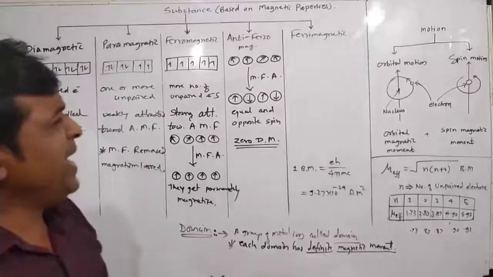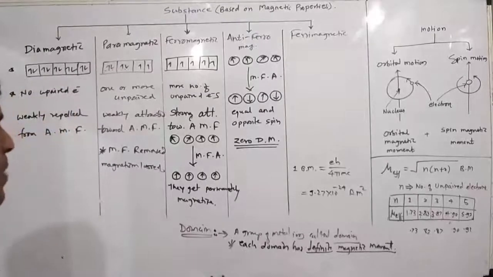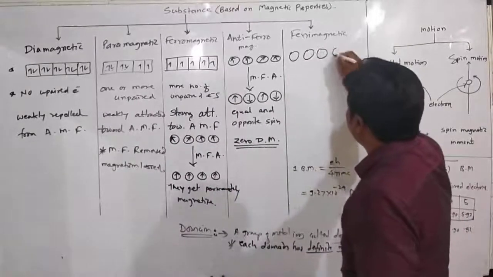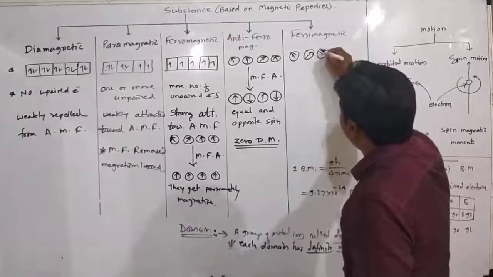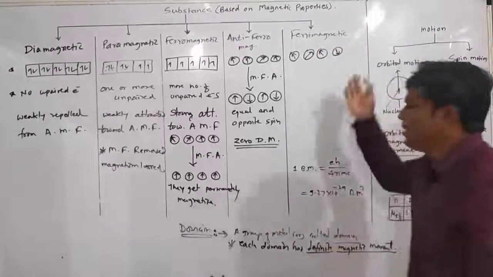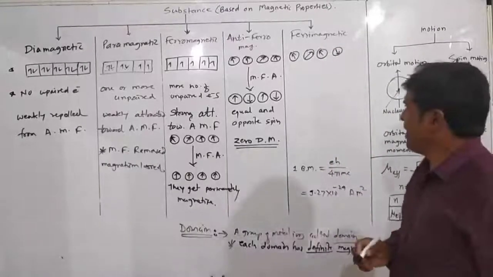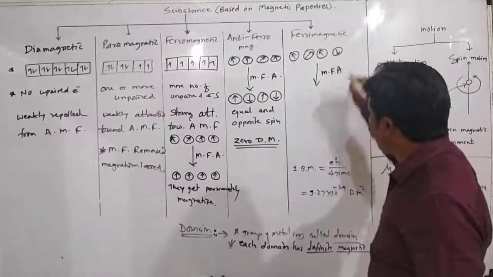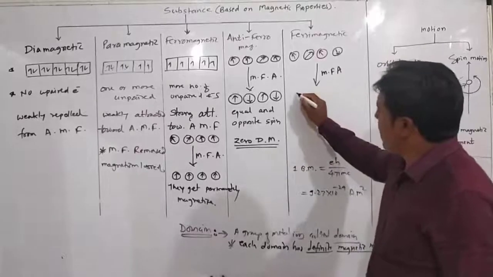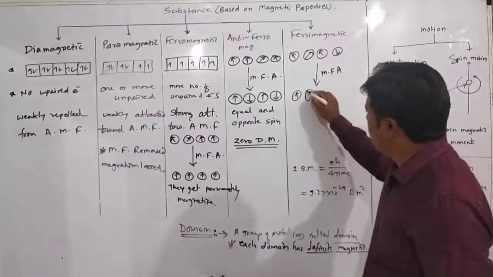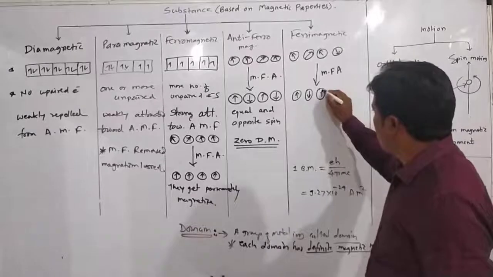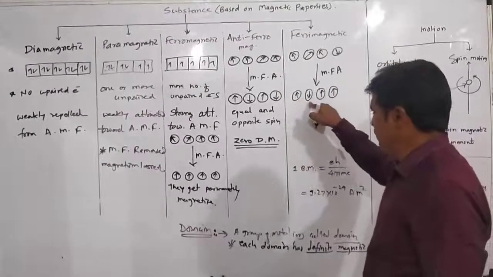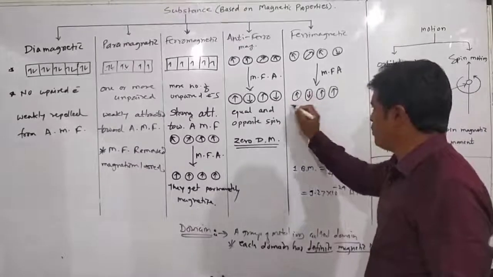Now what about ferrimagnetic substances? Consider the domains. In the absence of a magnetic field, domains are randomly arranged. When a magnetic field is applied, what will happen? Up, down, up and up: this magnetic moment cancels with this magnetic moment because these are in opposite directions.